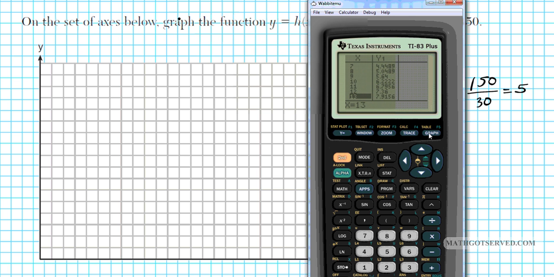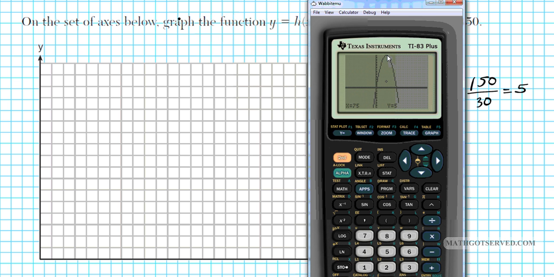So we can go back to the graph. Since the table wasn't too helpful for us, we can use the zoom function. What we're going to do is zoom out. Okay, zoom out, enter, enter. Wow, that looks great.